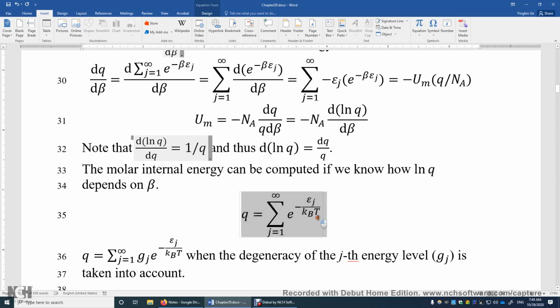Again, Q is this. What you need to do is use quantum mechanics to derive this epsilon j. Again, the translational energy levels of a helium atom confined in a box of dimension a is j squared h squared over 8ma squared.